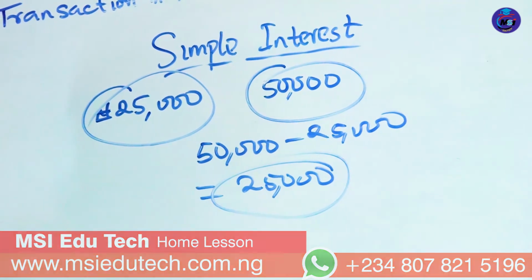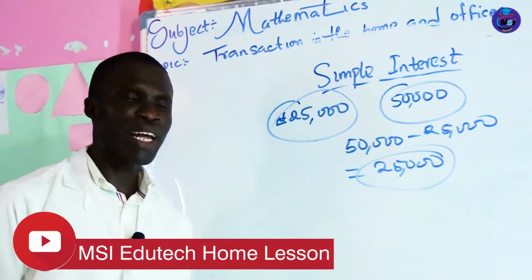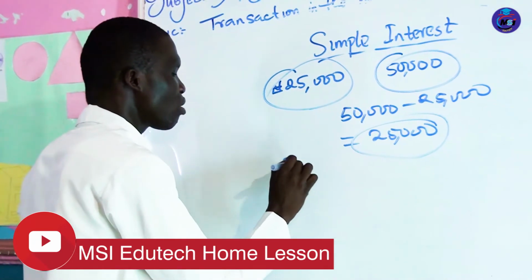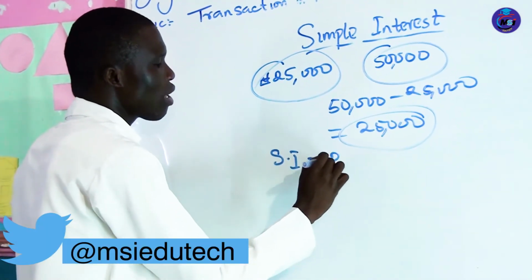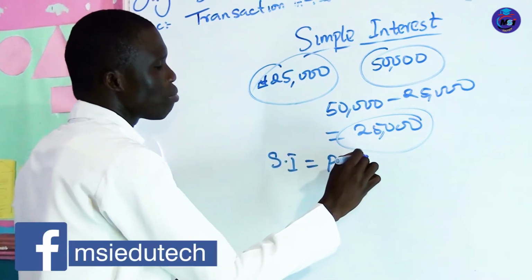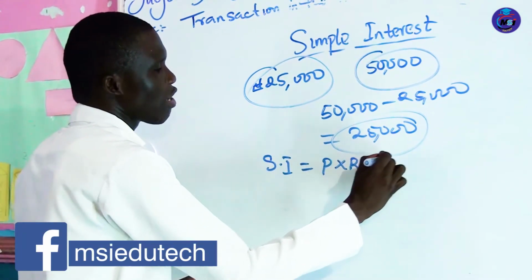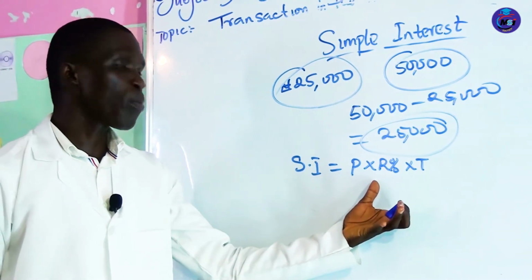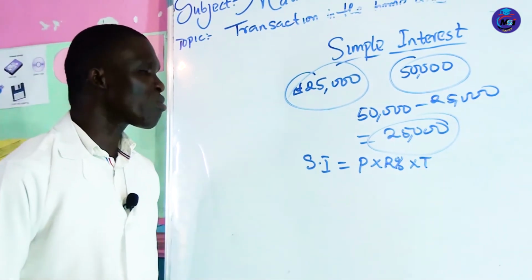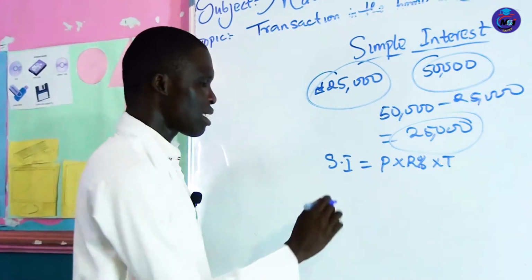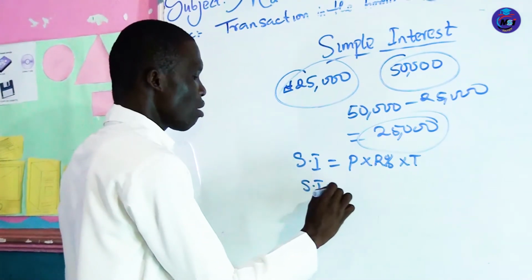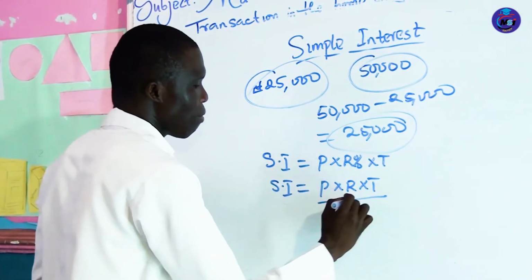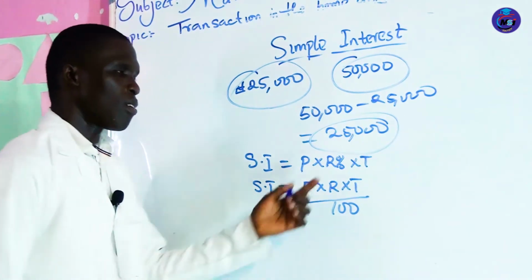Now, in simple interest, we have a common formula. And what is that formula? Simple interest equals P times R percent times T. Don't get confused when you see a formula like this. We can also write it in another form by saying simple interest equals P times R times T divided by 100.